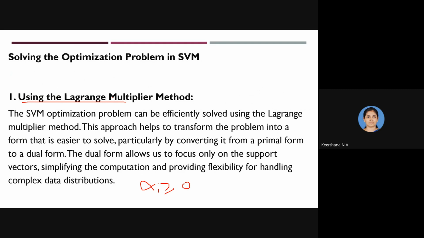This SVM optimization problem can be efficiently solved using this method, in terms of alpha i, with standard optimization techniques. Particularly by converting from the normal form to the dual form, it is much easier to solve your optimization problems. That's why it provides great flexibility for handling complex data distributions.